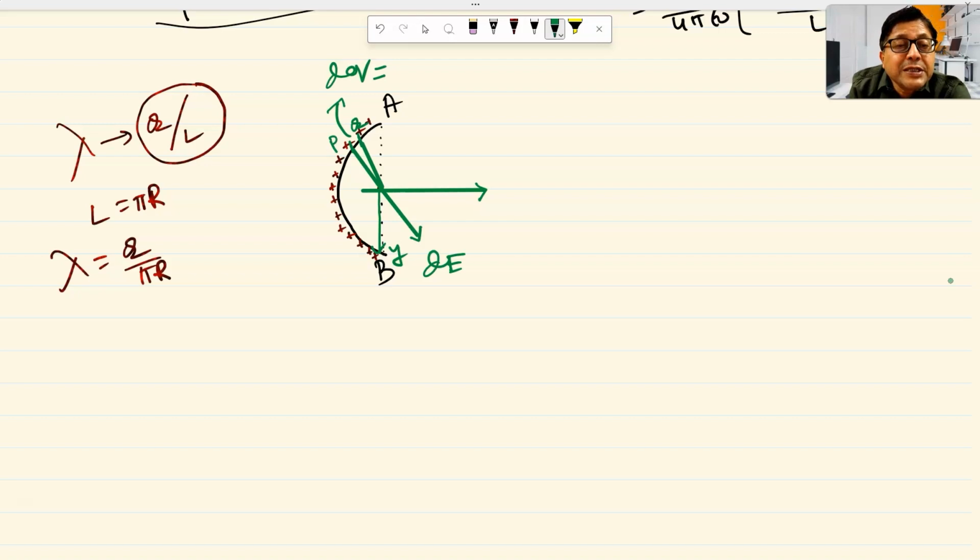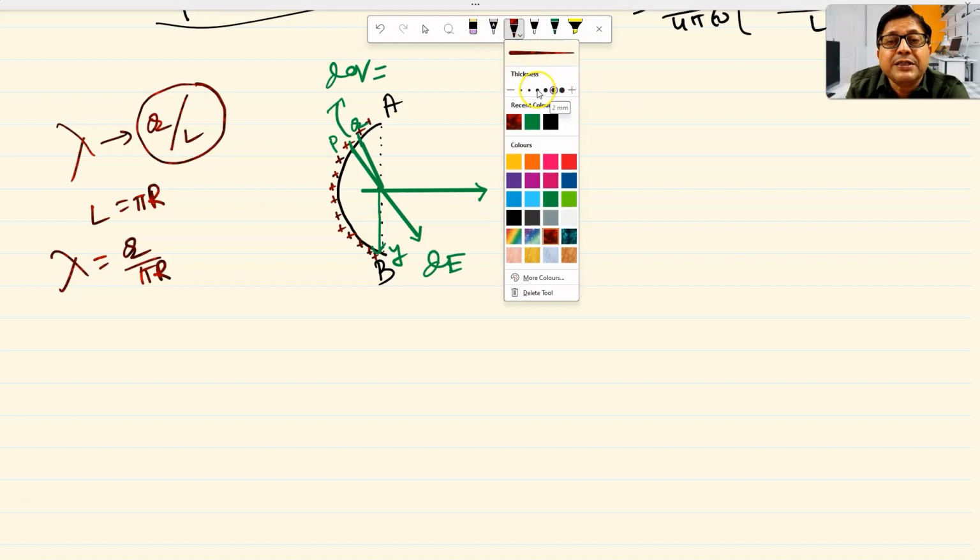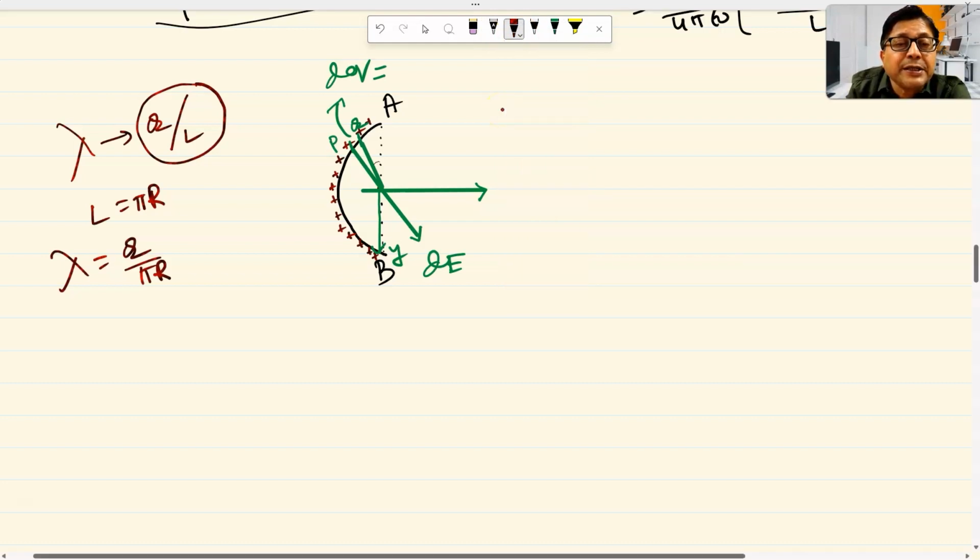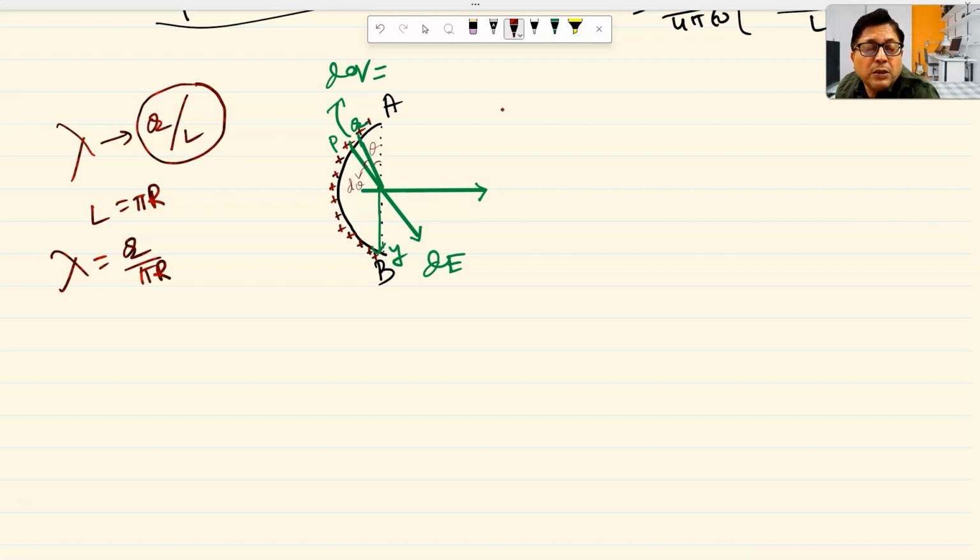If you consider the location of this elemental portion at an angle theta from here, this portion is theta and this one is d theta. That elemental portion is small, so orientation will be like this. About this radius, you have taken the elemental portion PQ, where it makes an angle theta with this diameter, and d theta for this elemental portion.